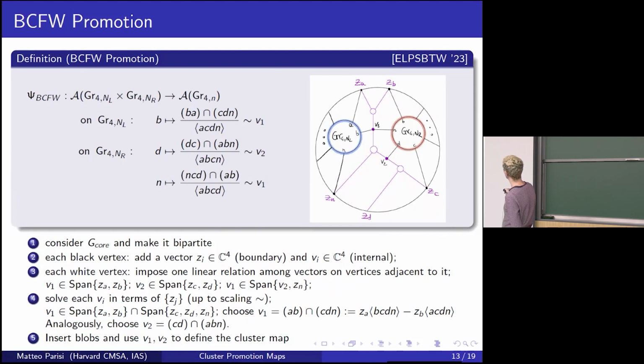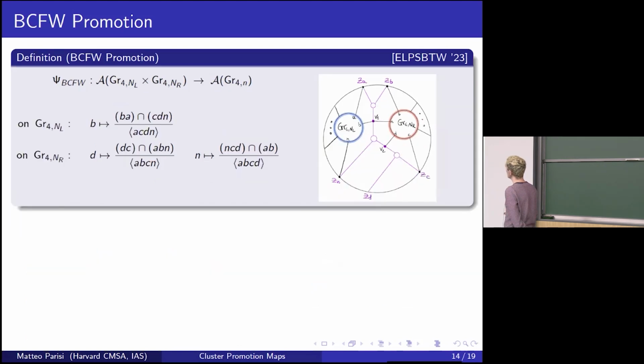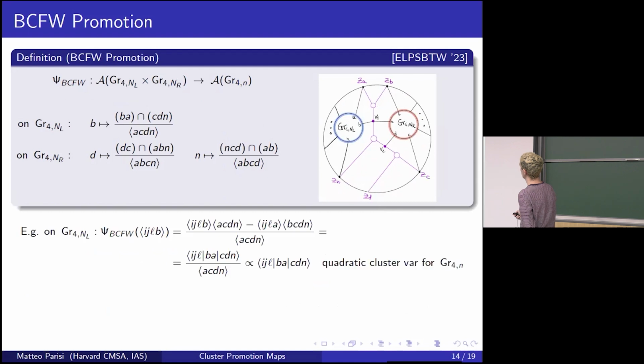So n goes to something proportional to V1, d goes to something proportional to V2, and so on. This is how we define the map. And here I use this symbol because it's up to a scaling. Everything is defined up to rescaling, so we have to choose a specific scaling, but conceptually, this is what's happening at each side. So this is the same map. I just wanted to report it.